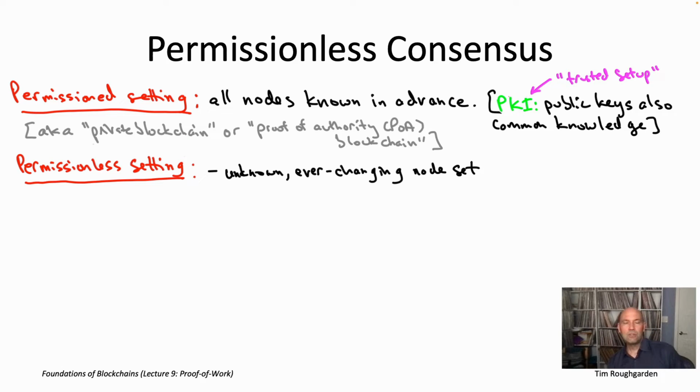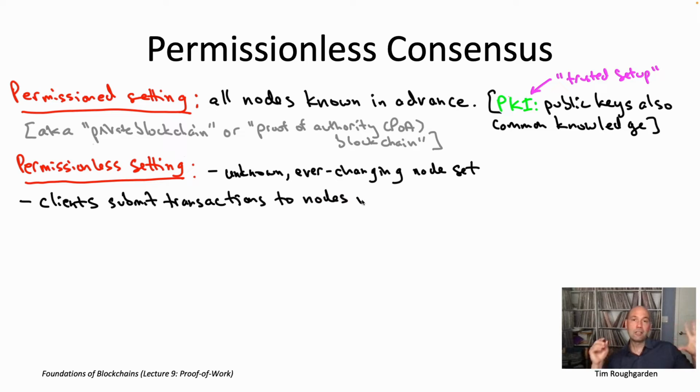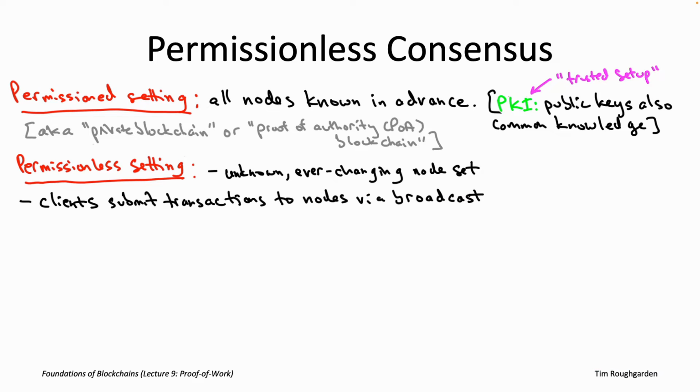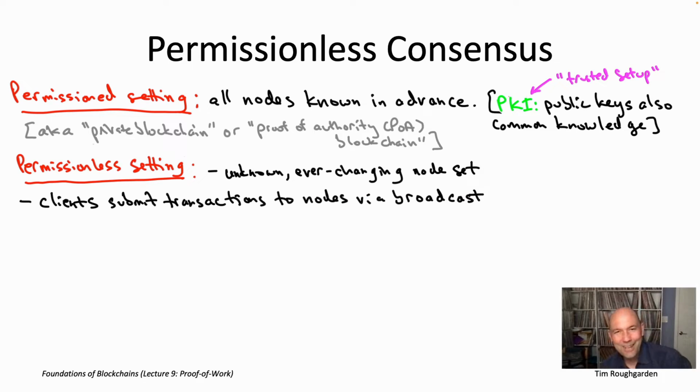In particular, clients, and here I mean clients in the sense of state machine replication protocols, are not necessarily running the consensus protocol, they're not necessarily running a node, but they're creating transactions that they're then submitting to nodes for inclusion in the blockchain, in all of the nodes' local histories. So the clients are the ones submitting transactions to nodes, and they're going to do that via gossip or via broadcast. And similarly, as we've seen, the nodes generally want to send messages to each other as well, just to make sure that they stay in sync.